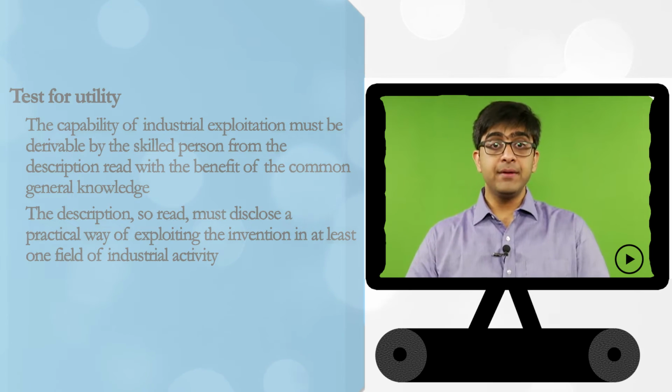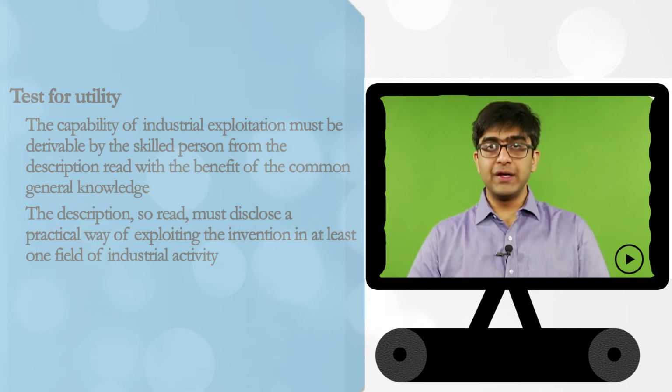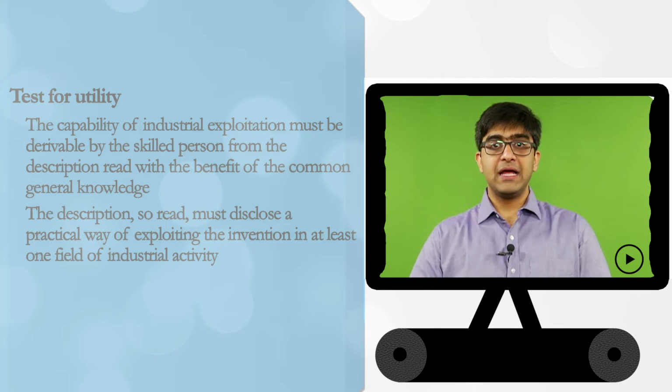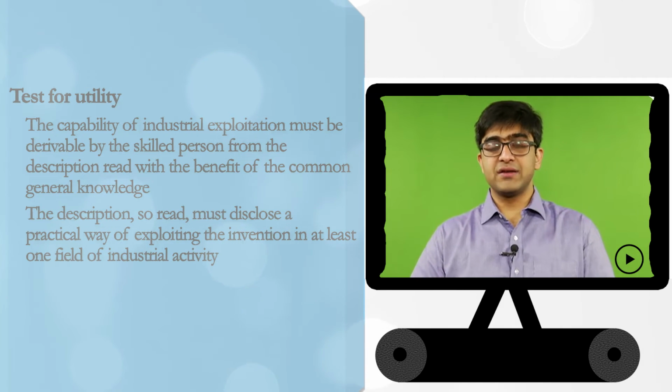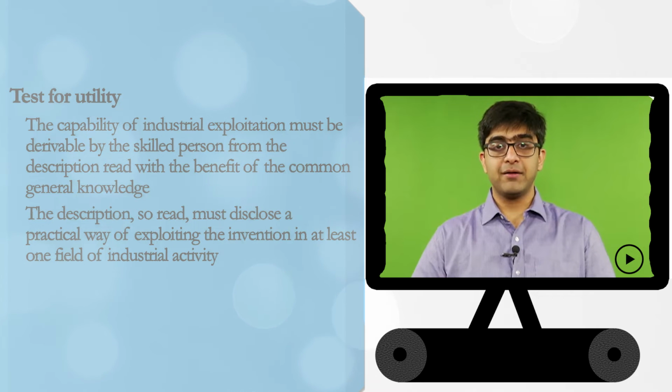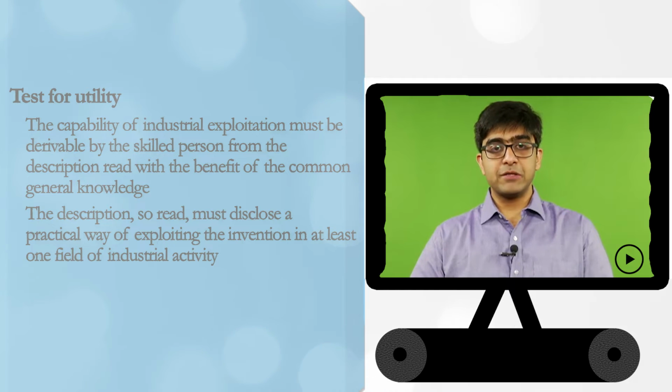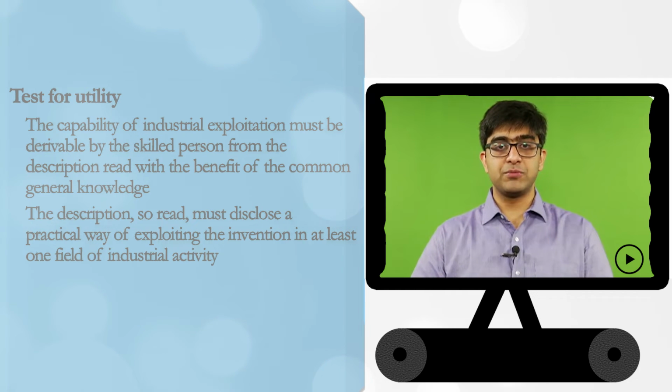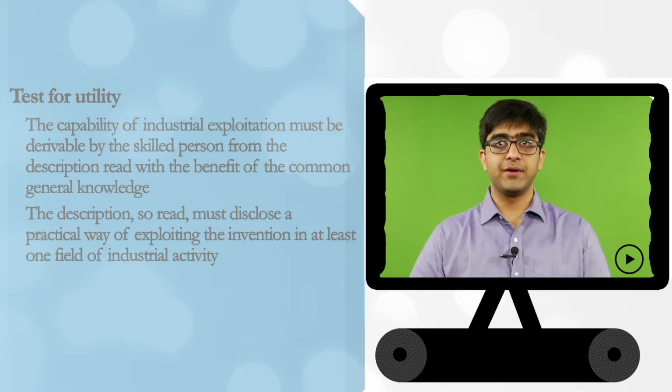At the same time, the requirement of utility will not be satisfied if what is described in the patent application is merely an interesting research result, but does not identify a particular industrial application. A speculative indication of possible objectives is not sufficient for satisfying this requirement.